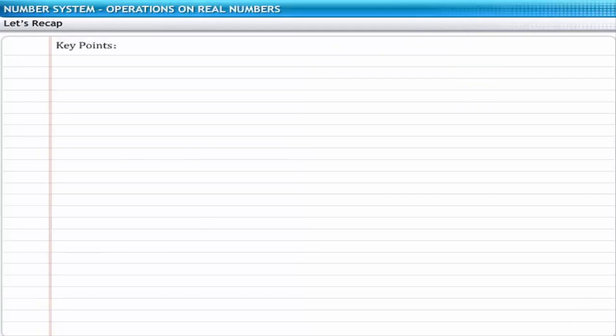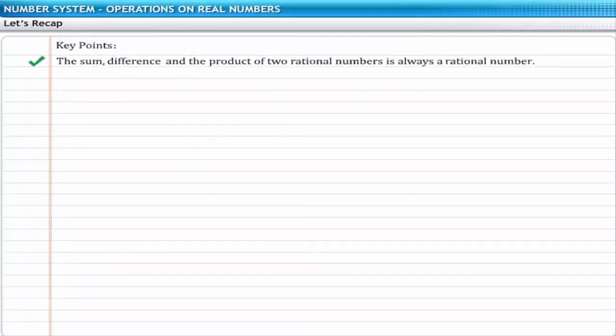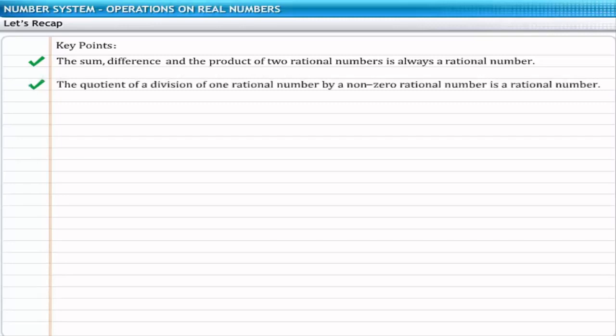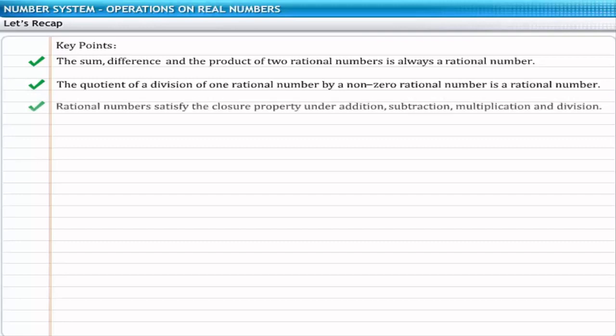Let's recap. The sum, difference, and the product of two rational numbers is always a rational number. The quotient of a division of one rational number by a non-zero rational number is a rational number. Rational numbers satisfy the closure property under addition, subtraction, multiplication, and division.